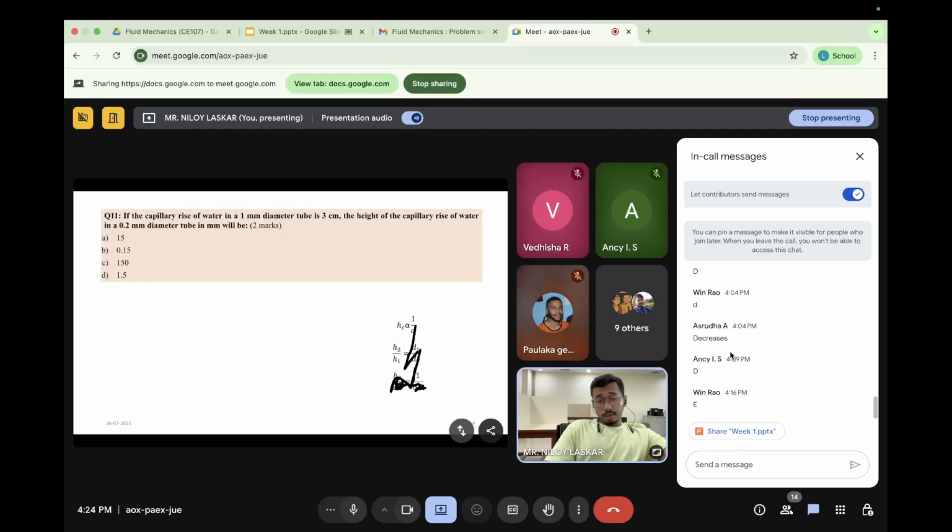As I discussed a few questions back about the capillary rise or capillary fall concept, here also similar to that will be used. So please try to solve.